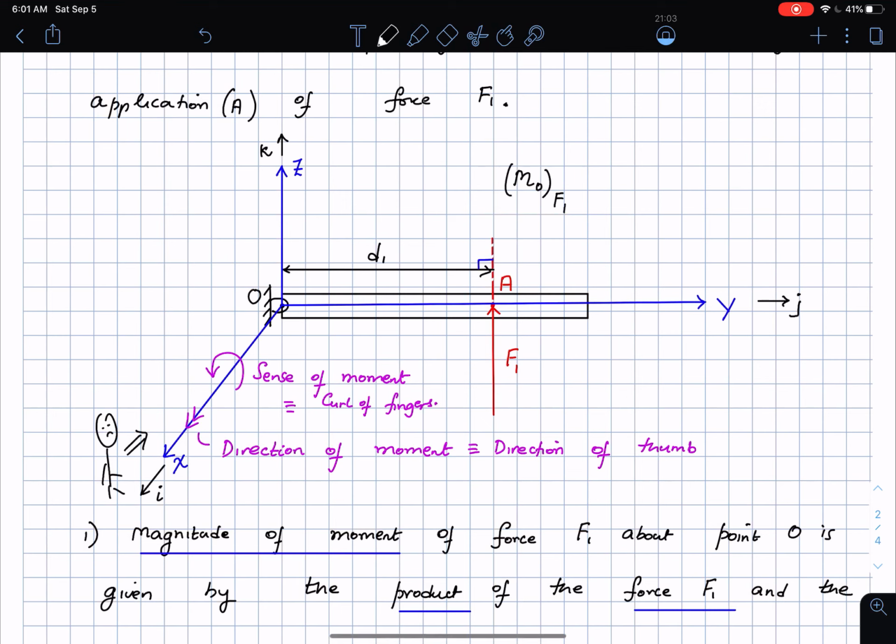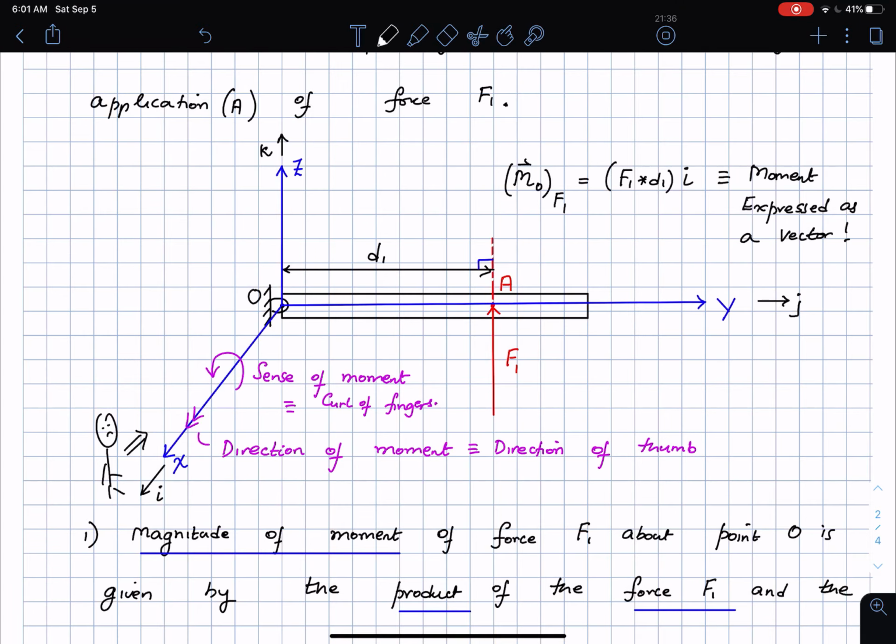So if I write this moment as a vector, this is its magnitude, which is F1 times d1, times the unit vector in the direction that it is pointing. So this is i, this is the moment expressed as a vector. And the i direction is the direction that the double arrows are pointing towards.